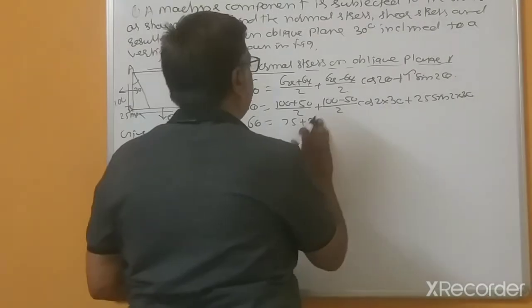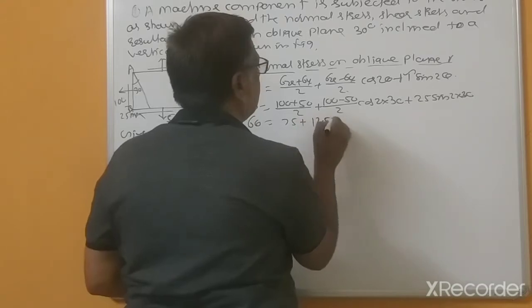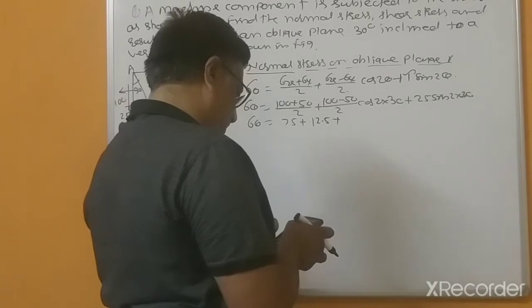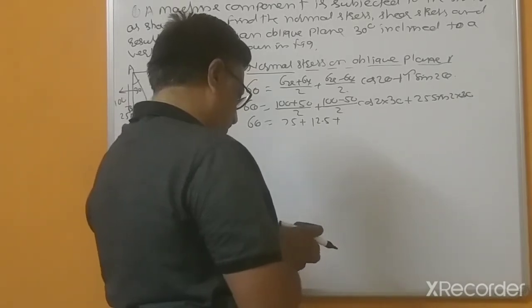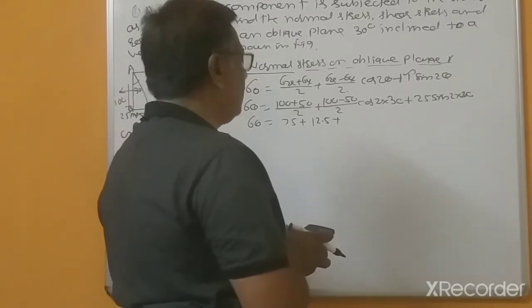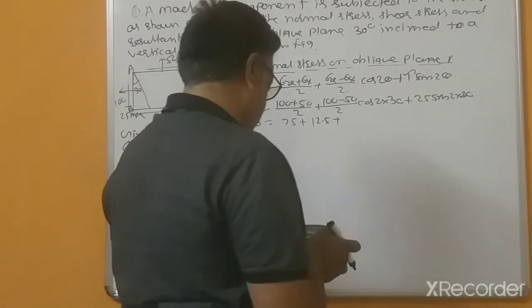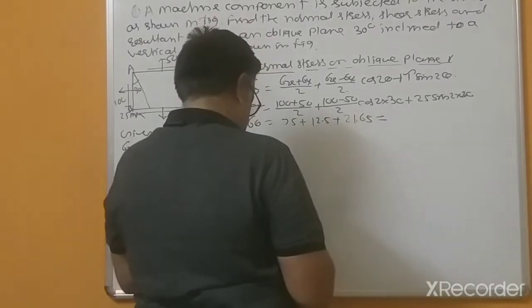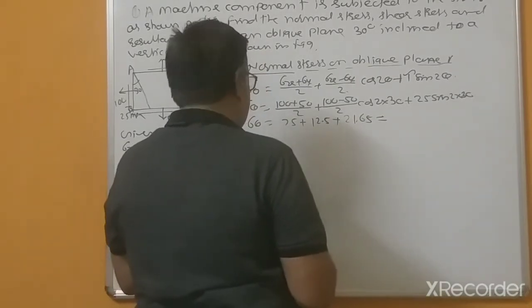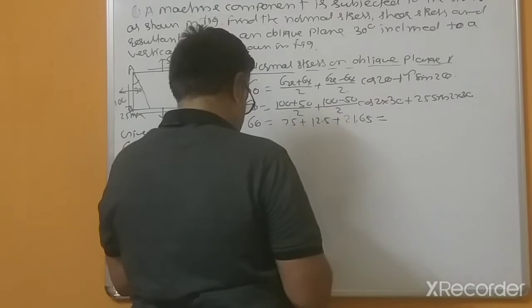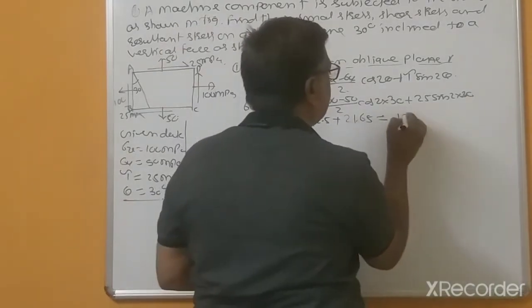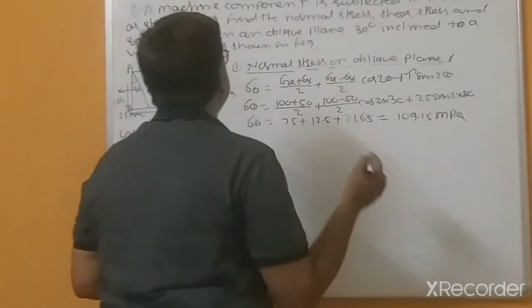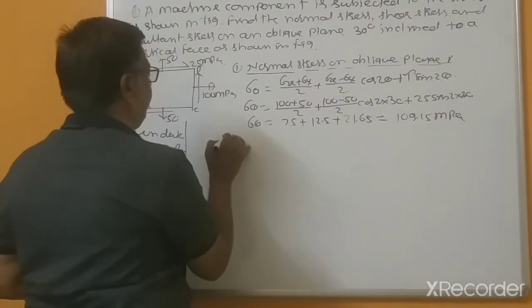So this is 12.5 plus sin 60 multiplied by 25. So this is 21.65 plus 12.5 plus 75. This is 109.15 megapascal. So this is your first answer.